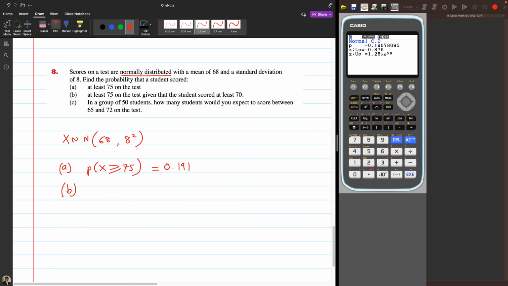Now, at least 75 on the test, given that the student scored at least 70.